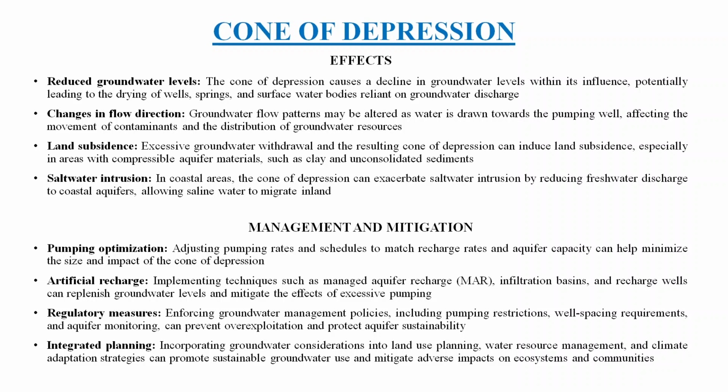Then artificially recharge by processes of, for example, rainwater harvesting, which is a very popular process nowadays to recharge groundwater. Then imposing other regulatory measures such as management policies and restrictions and integrated planning, that is, how your groundwater can be saved by wise planning, meaning wise land use planning, so that it is not affecting the water table at a very fast rate.